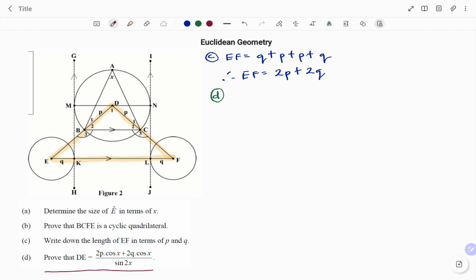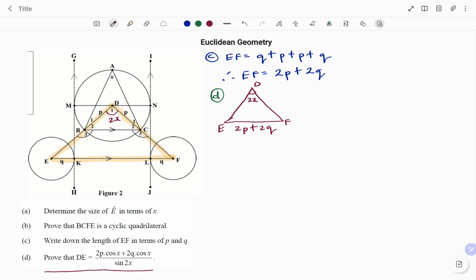So if I draw that as a sketch, I have triangle, I have D, E, and F. We know my D1 from the first part of the question is 2x, so I'm going to fit that in, 2x. I have line EF from the last part of the question, that's 2P plus 2Q.